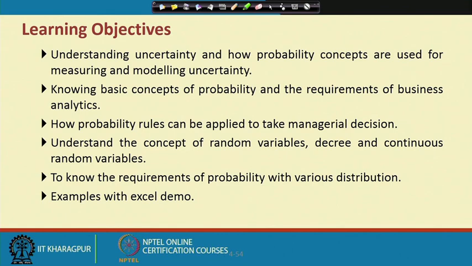Then we will discuss some examples with an Excel spreadsheet demo.